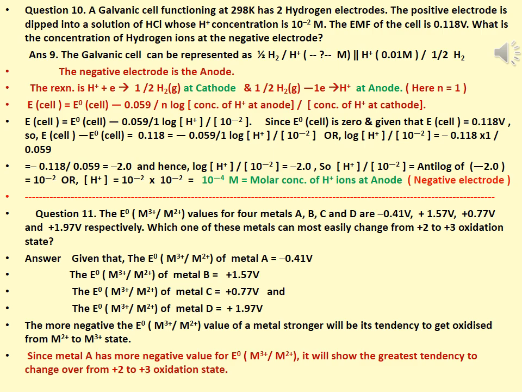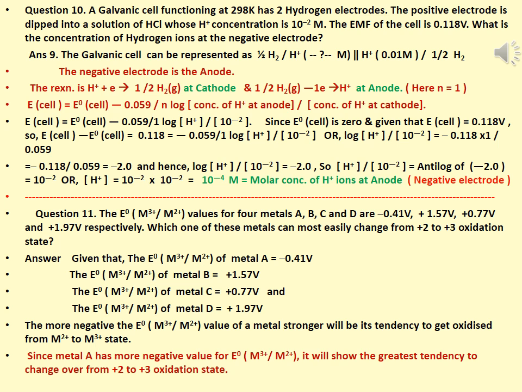E naught M3 plus bar M2 plus for metal A is minus 0.41. These are the reduction potential values. So also for metals B, C and D, the values are positive.